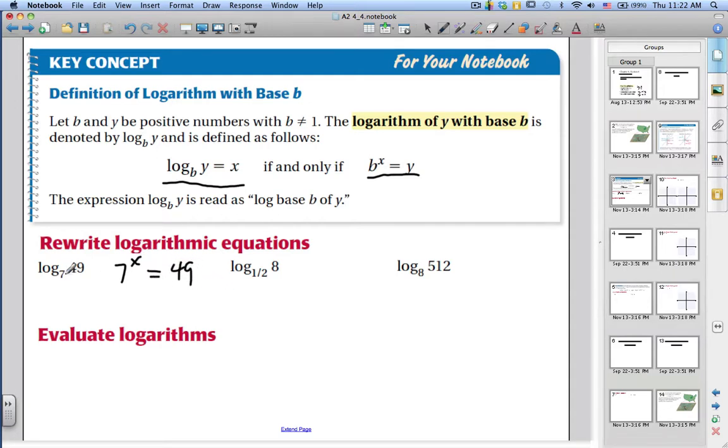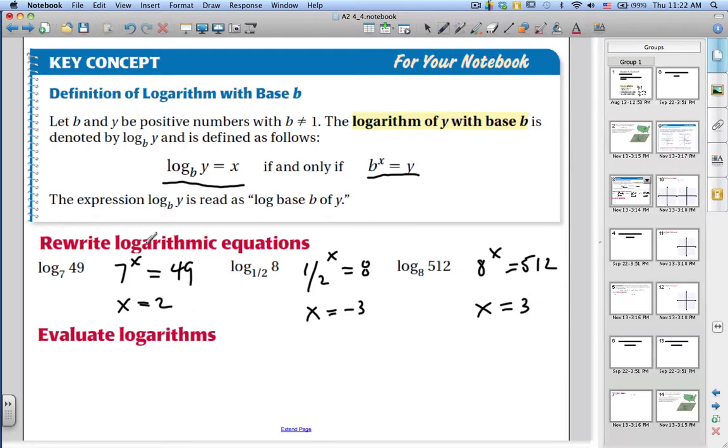So I can think of it here just looking at the base going, oh, this number to what power equals that? That's x, which in this case would equal 2, right? Here we want to do 1/2 to what power is equal to 8? Well, that would be -3. And 8 to what power equals 512? And in this case, x would be equal to 3.